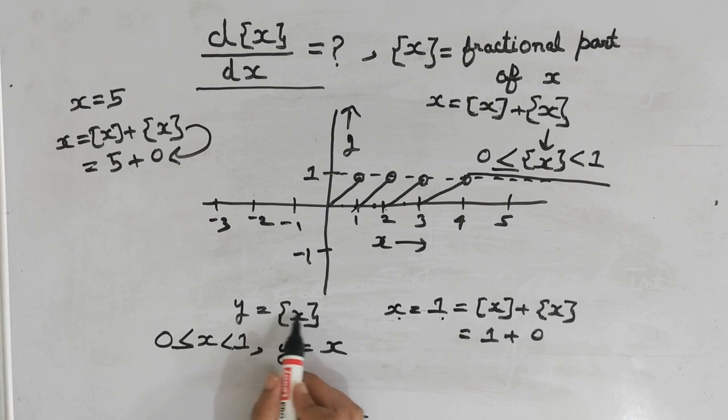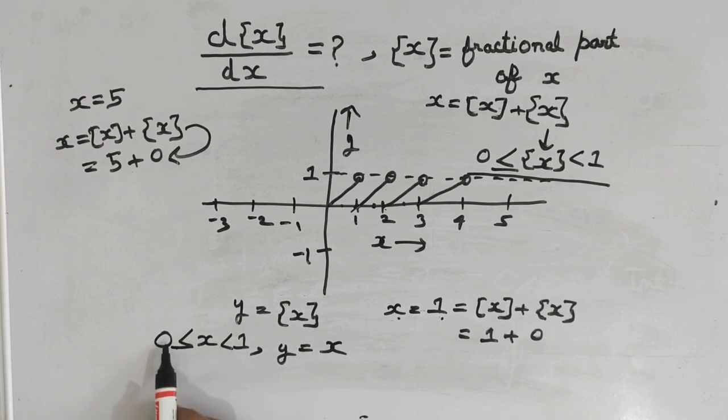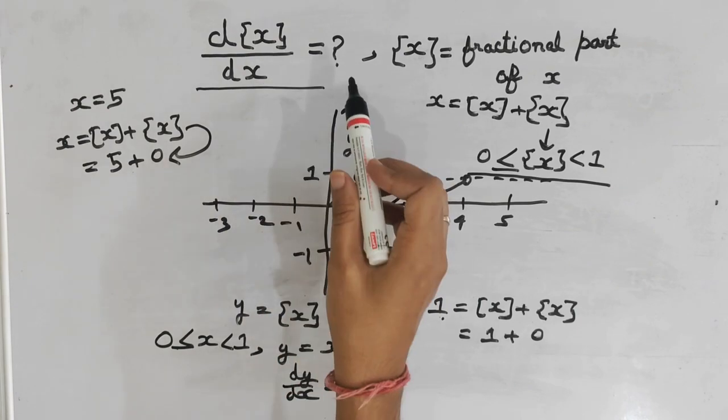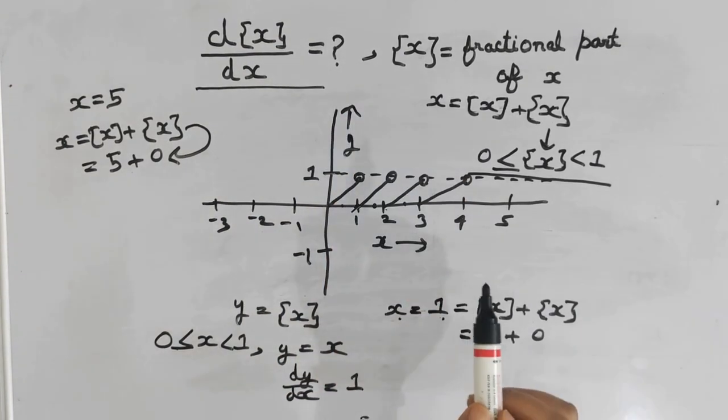If y equal to the fractional part of x, and x is between 0 and 1, then y equal to x, because it is itself a fractional part. So dy over dx would be 1. Hence proved. I have already proved to you that the value of this is always 1, right?